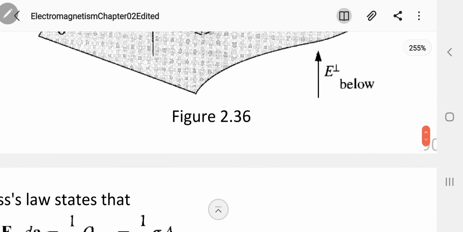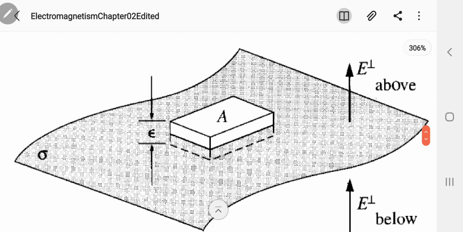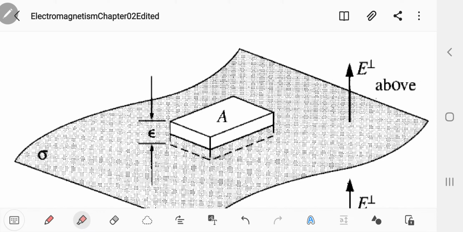Here we can see a rectangular pillbox with an area A, and the thickness of this Gaussian pillbox is epsilon.